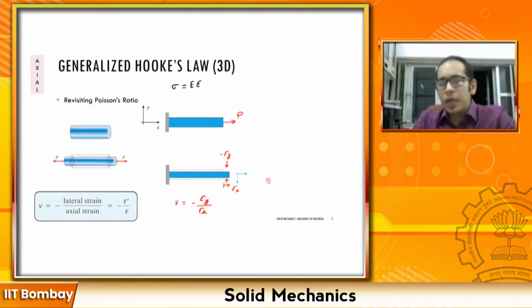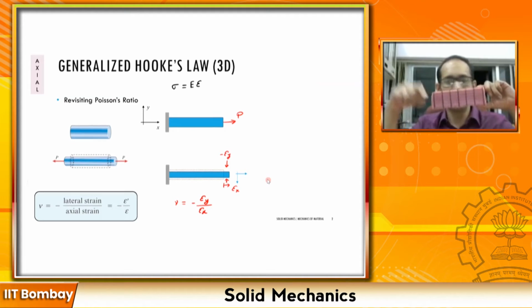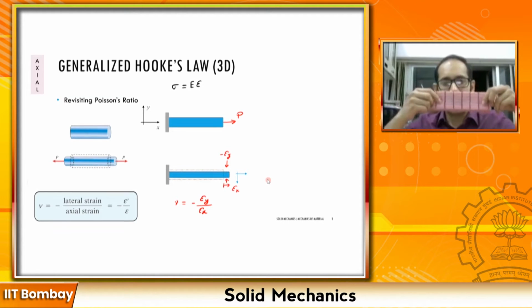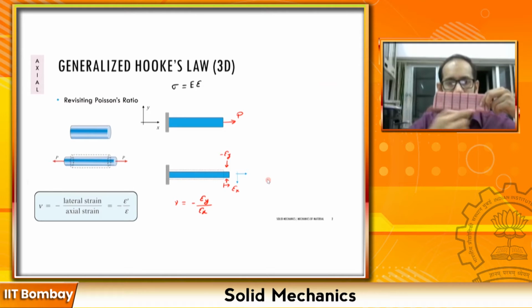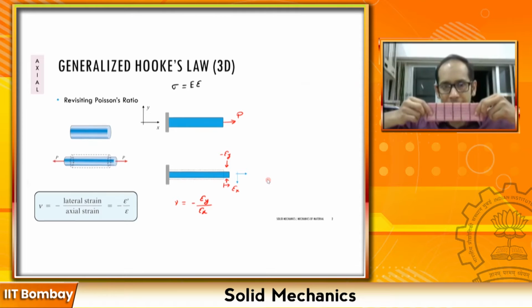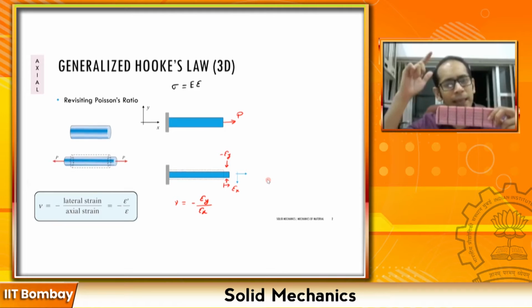Simple. Now think about it. Suppose this is my member which you are looking at in 2D, and say this is my positive x and this is my positive y axis. When I am pulling it, I have this extra strain, the expansion, and a contraction about this axis, for which I wrote this formula very easily. But is there only an x and a y axis? No, this has a third dimension as well.